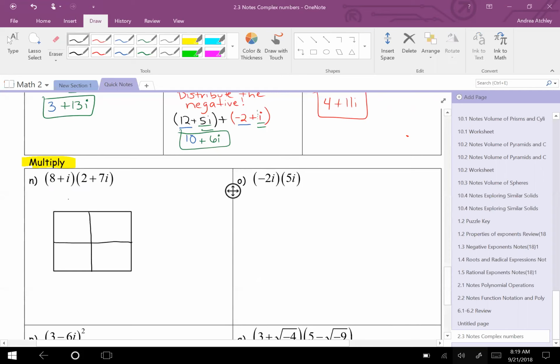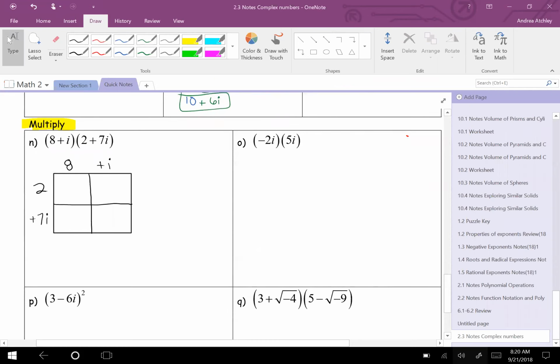Now we're multiplying. Yes, it's our box thing again. So this side length is 8 plus i. This is 2 plus 7i. And then we're just going to multiply. Remember, we're finding the area of each of those individual boxes. So 8 times 2 is 16. So the area of this box is 16.